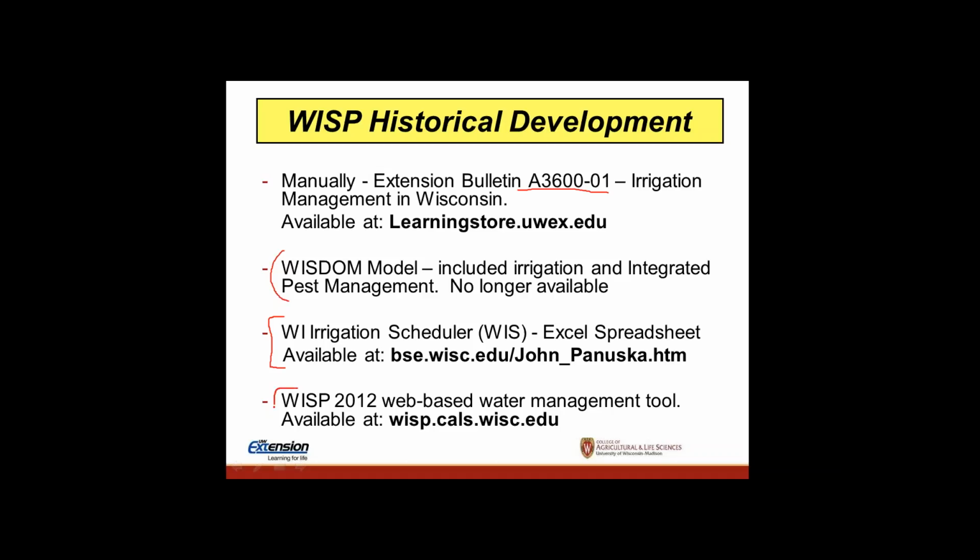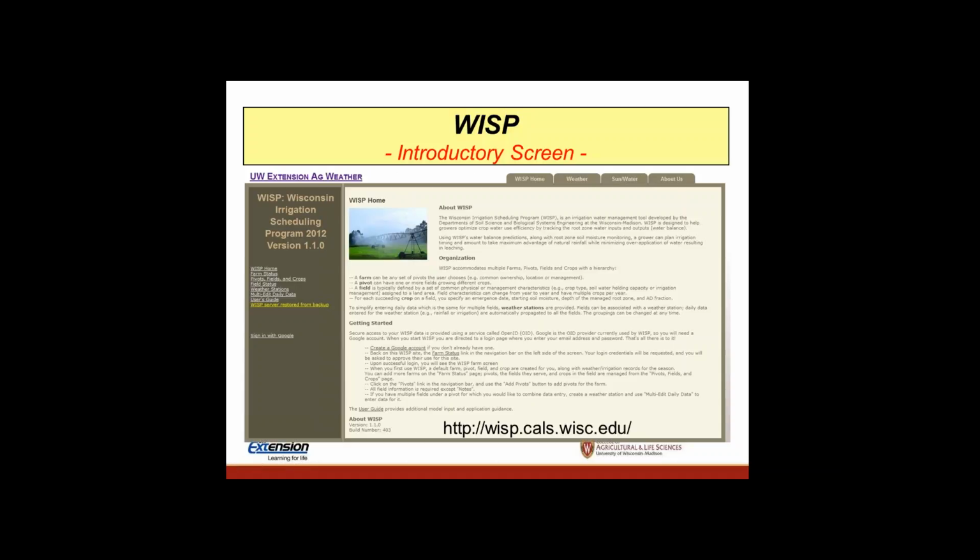The WISP 2012 program is an attempt to automate some of that work, and once you set up a farm structure, it's repeated or brought forward each year at the start of the growing season. So that's some of the brief advantages. So we're going to go through the WISP 2012 program and teach you how to set it up.